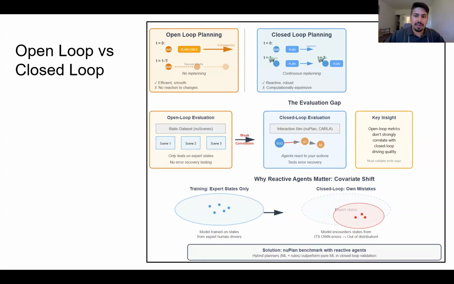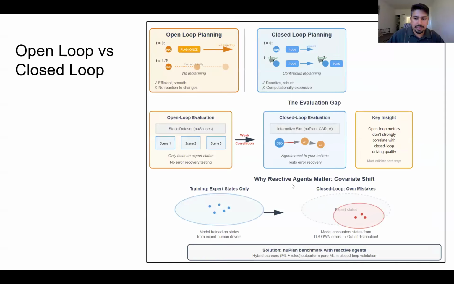Some of the evaluation gap that we see is that open loop evaluation is fast, so we do have a lot of datasets for this. But closed loop evaluation, because it needs to run the whole simulation environment, is slow. And there is actually not a very strong correlation between doing really well on an open loop dataset versus a closed loop dataset. So that is something we need to take into account.